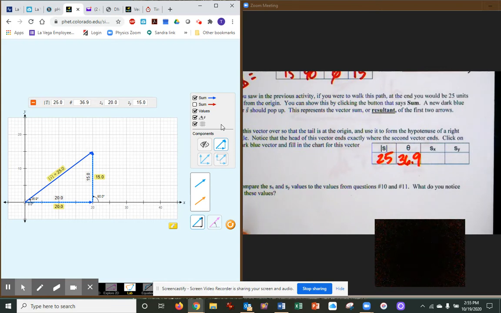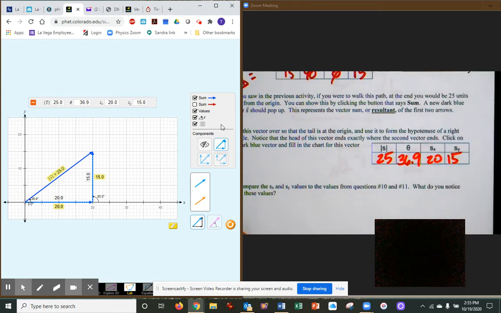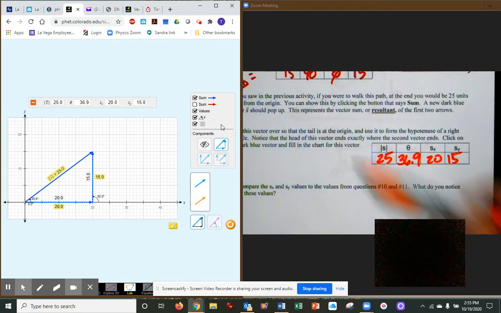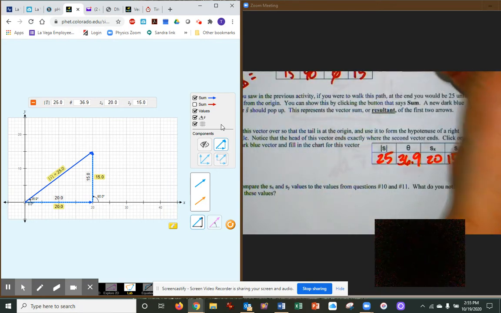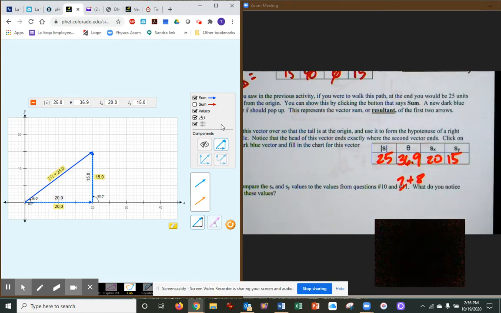What is the x component? 20. And what is the y? 15. Okay, next question. I'll go ahead and tell you now that it says values from question 10 and 11. The numbering is messed up. You're going to compare 10, 7, and 8. So 10, 7, and 8.